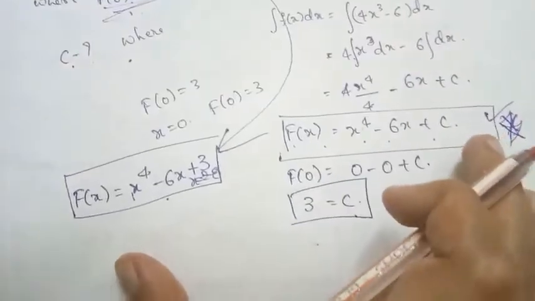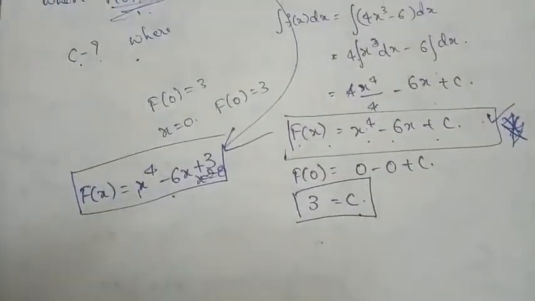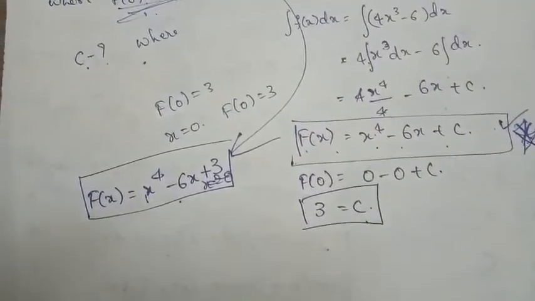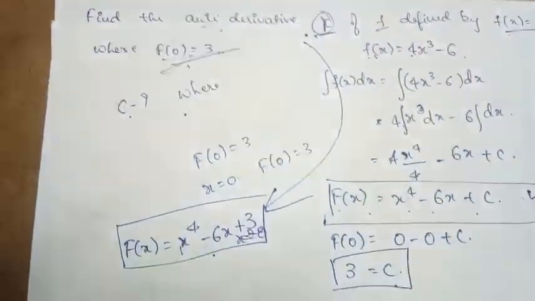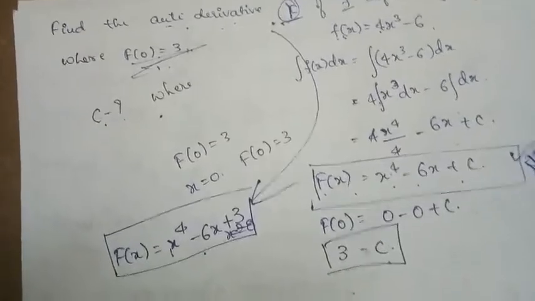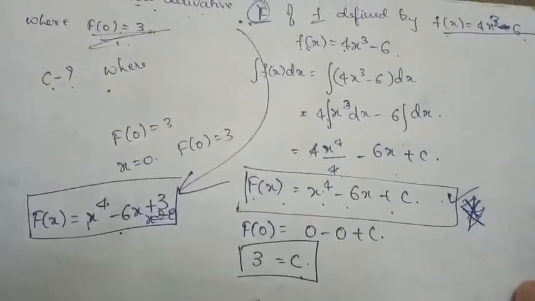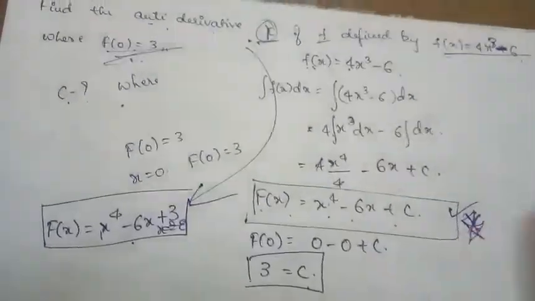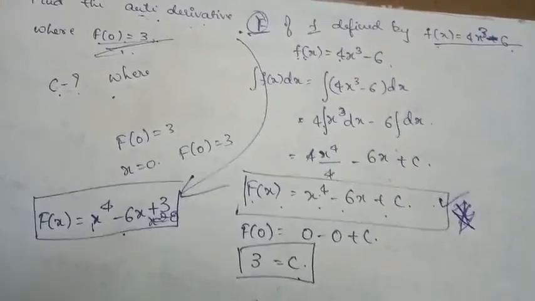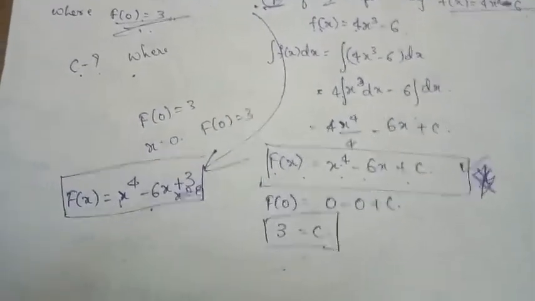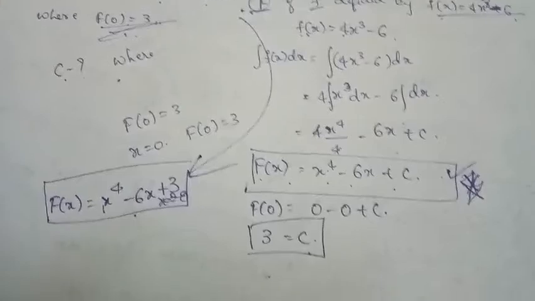So this is how we are going to find an antiderivative when the function is given and when points are given. So this is how we solve when trigonometric as well as polynomial functions are given. This is the explanation I am going to cover in this video.